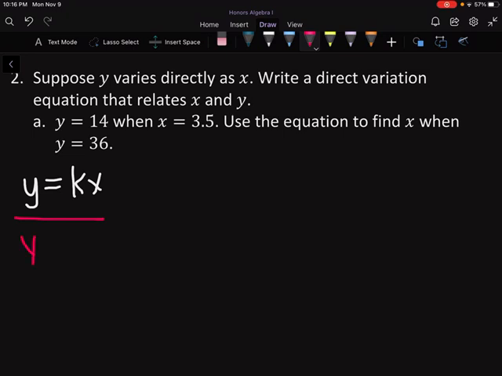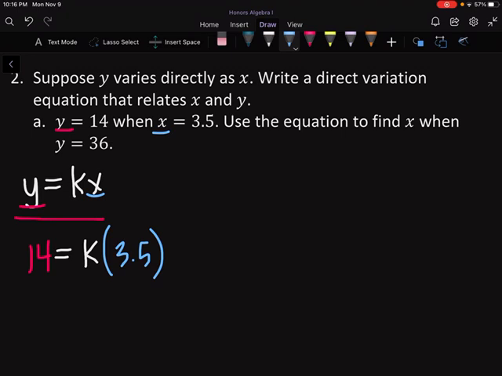So we would have y equals y, right? Oh, wrong y. x is equal to x, and we plug in as so. So y is 14 is equal to k times 3.5. Okay?